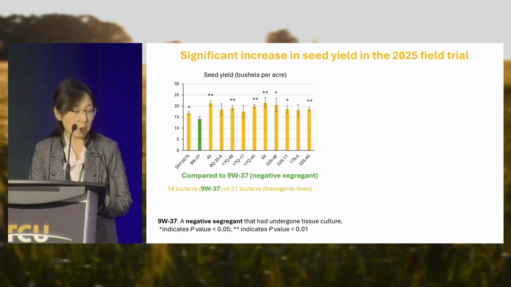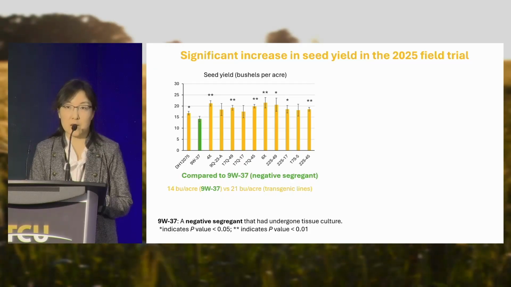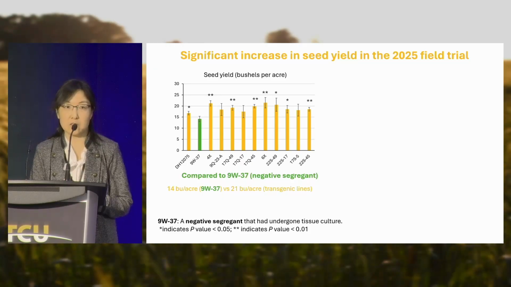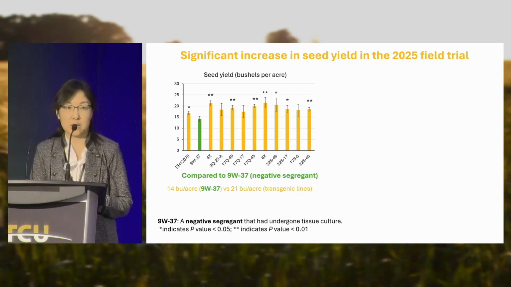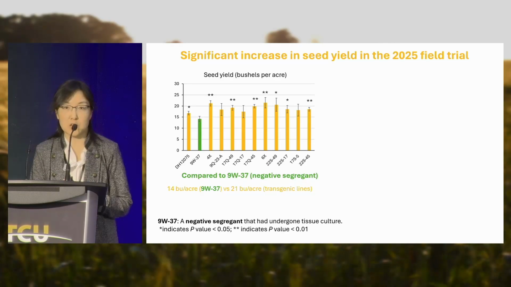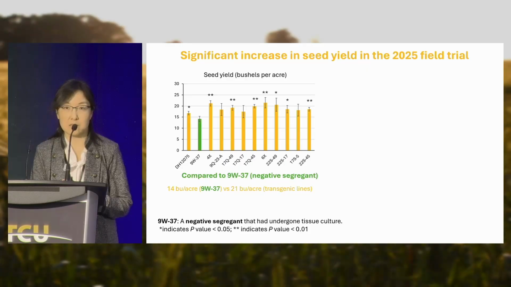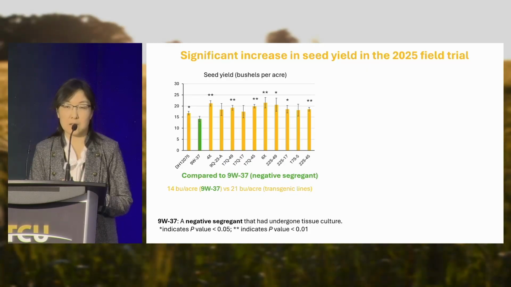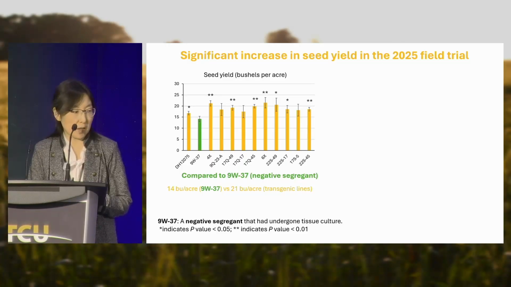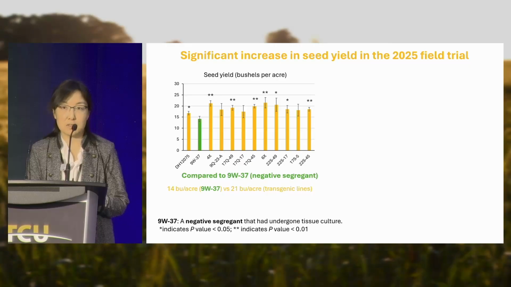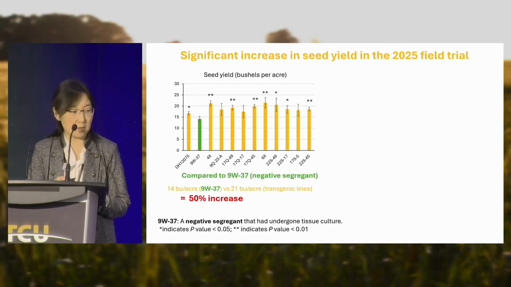When we compared all our transgenic plants and gene-edited lines with this negative segregant, you can see most of the transgenic lines and the gene-edited lines expressed statistically increased seed yield. If you look at the numbers, it's 14 versus up to 21 bushels per acre. So this is a 50% increase.